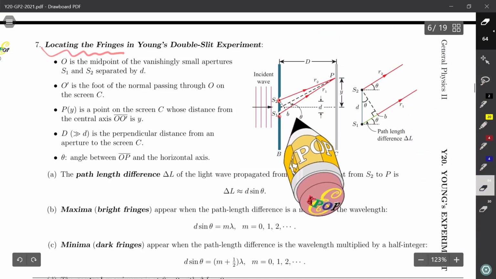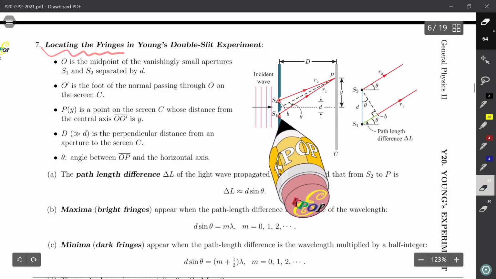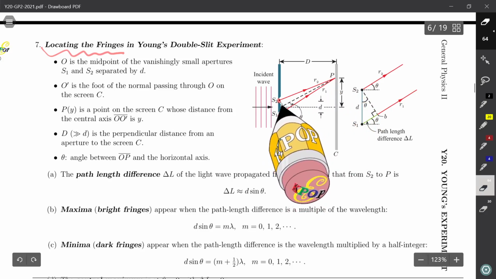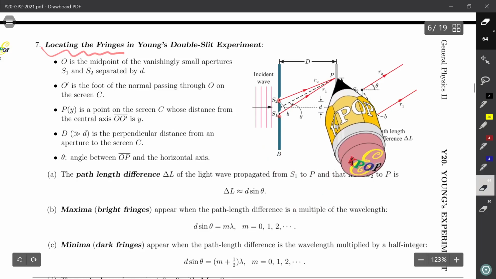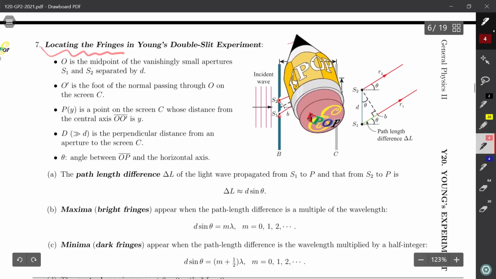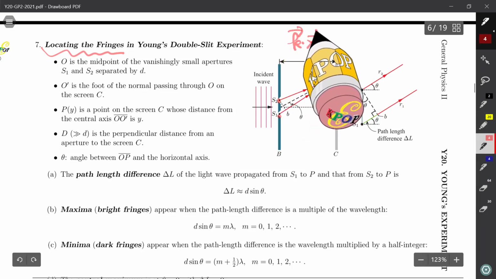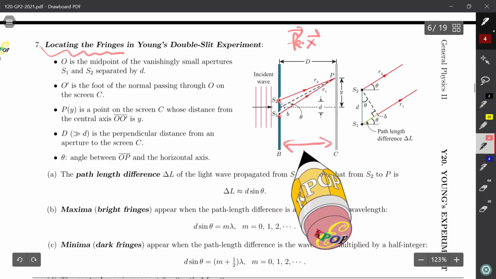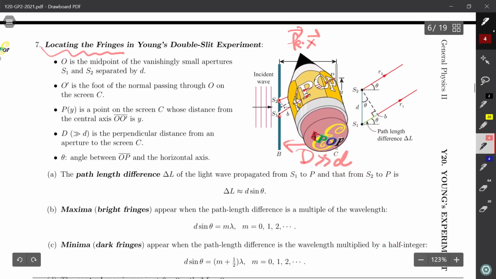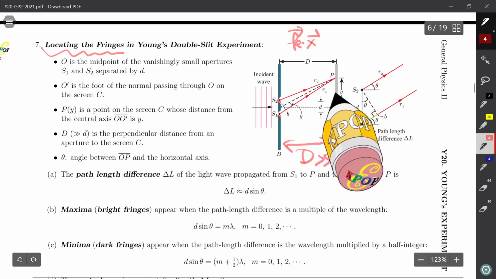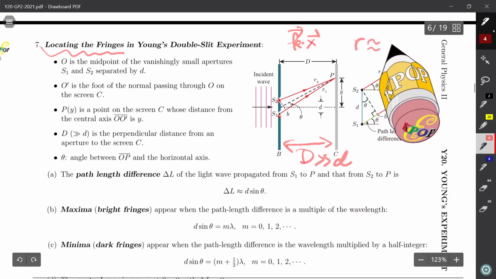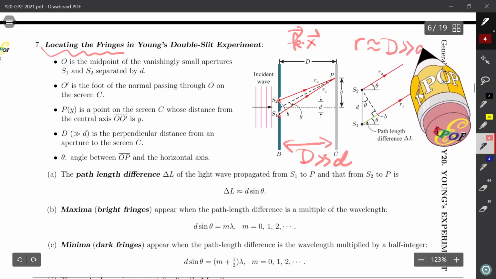The light wave coming from the source S1 travels along this path S1P, and the other one travels from S2 to P. And if we consider k dot x, and if distance D is large enough, then we can approximate that this is almost this R. R is very similar to D, and it's much bigger than small d.